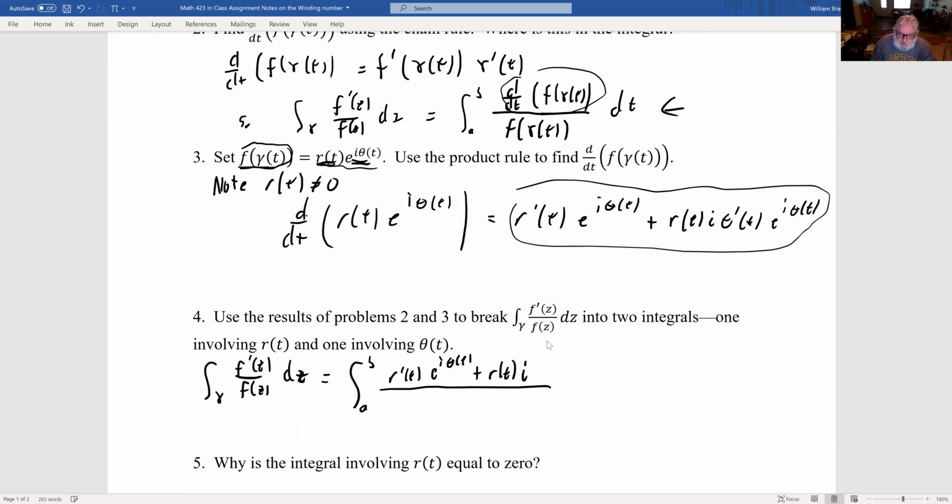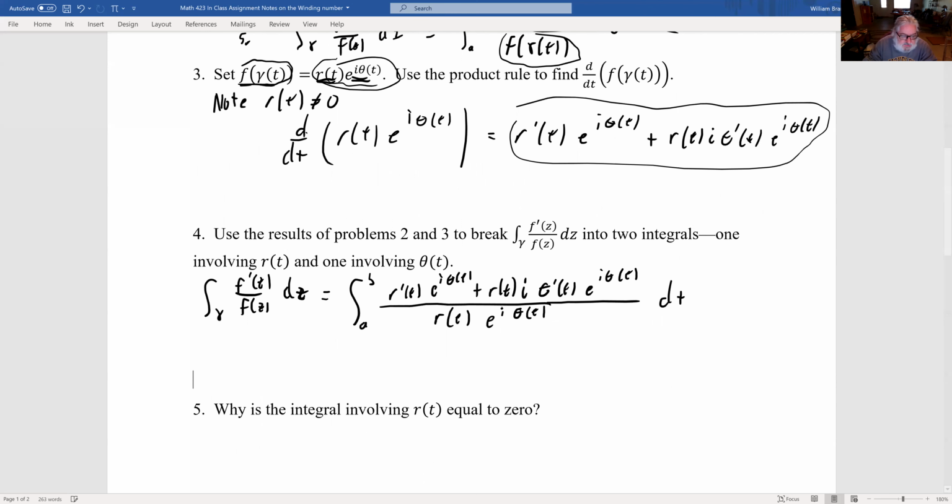That's an i theta prime of t, e to the i theta of t. And f of gamma of t is stated to be this. So that's r of t, e to the i theta of t, dt.